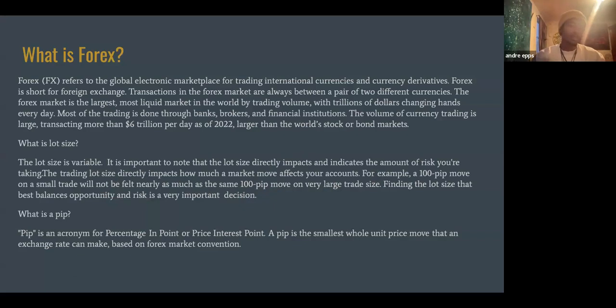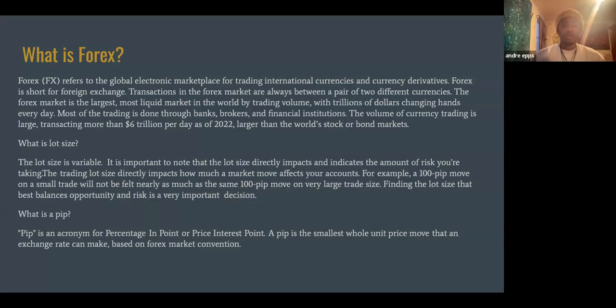So we have what is Forex. Forex refers to the global electronic marketplace for trading international currencies and currency derivatives. Forex is short for foreign exchange. Transactions in the Forex market are always between a pair of two different currencies.